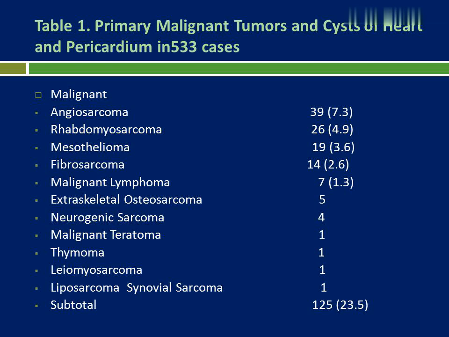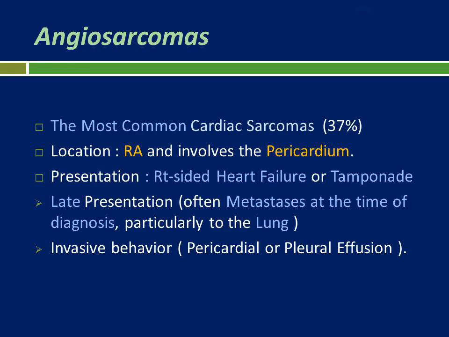Extraskeletal osteosarcoma 5. Neurogenic sarcoma 4. Malignant teratoma 1. Thymoma 1. Leiomyosarcoma 1. Liposarcoma 1. Synovial sarcoma 1. Subtotal 125, 23.5. Angiosarcomas, the most common cardiac sarcomas, 37%.